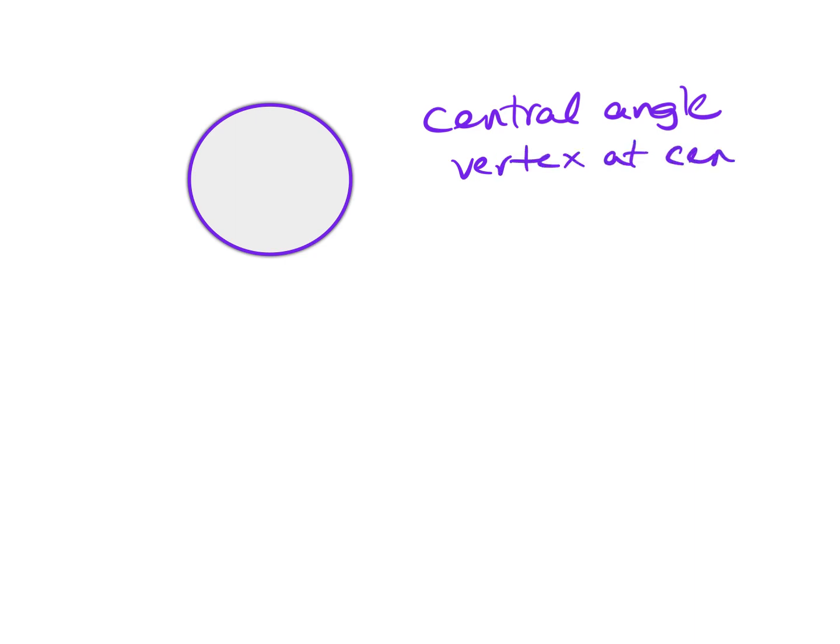Okay, so back at the beginning of the chapter, we learned the definition of a central angle. And remember, a central angle has its vertex at the center. So if I put a center point here, draw in 2 radii, it's formed by 2 radii.